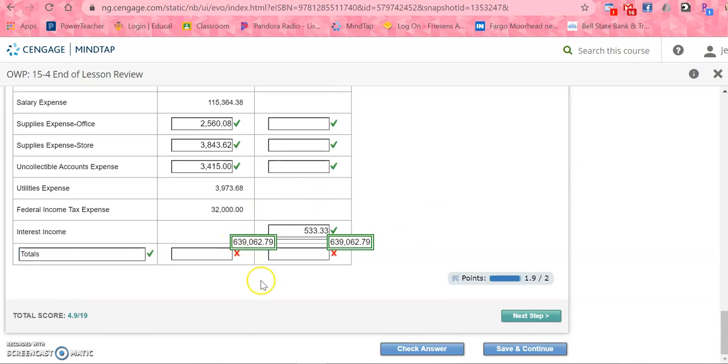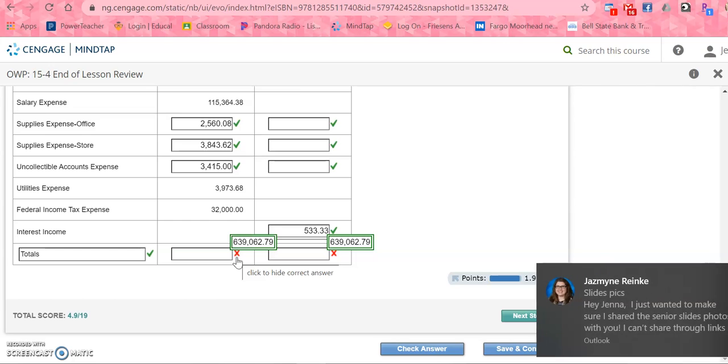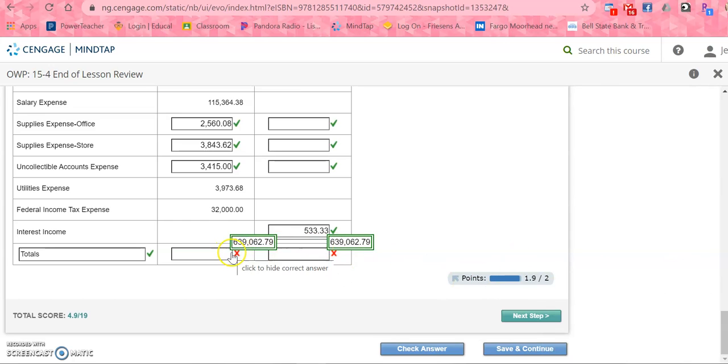So I kind of skipped ahead here. They do have this in here that they want us to total this, but this is not a correct step. We would not be totaling and have equal totals at this step right now because we still have to figure out our federal income tax. So I went ahead and I put the total in, but then I left these two blank.